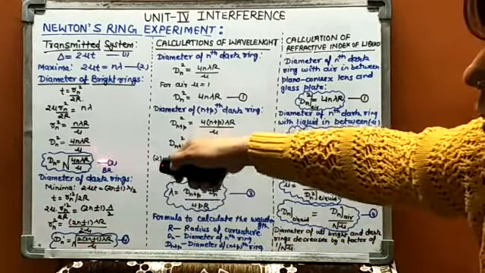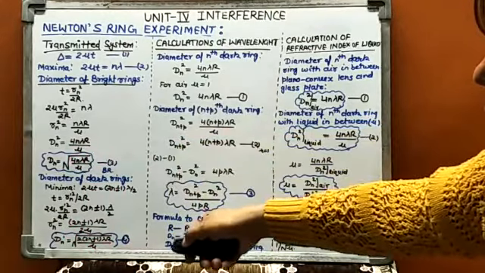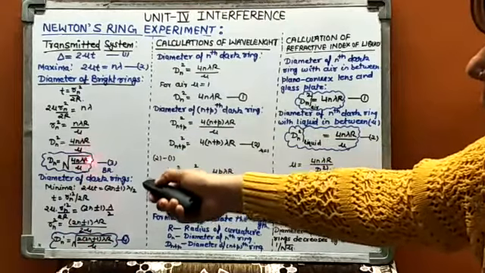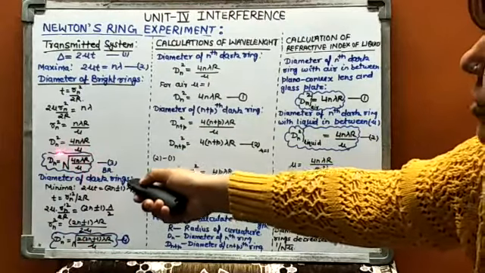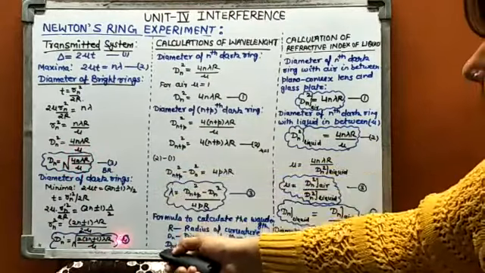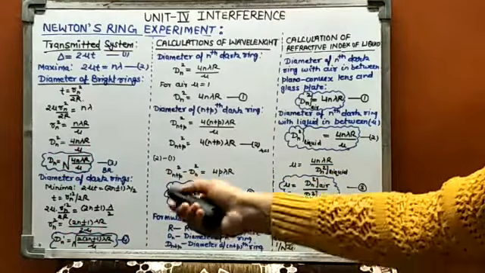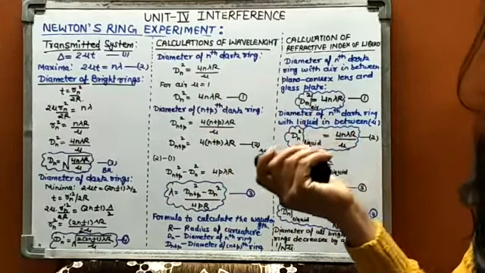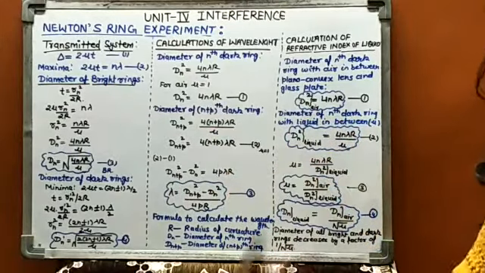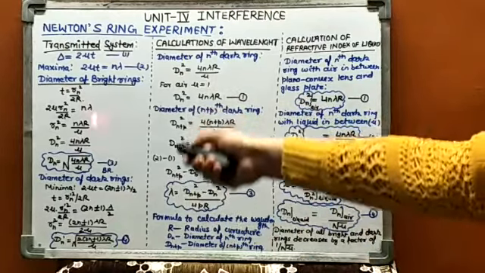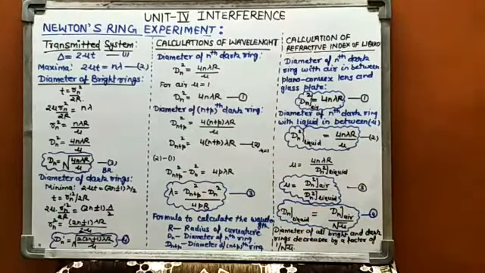If you closely observe equations 3 and 4, this expression was the diameter of the dark ring in the reflected system, and this was the condition of the bright ring in the reflected system. It means the interference patterns in the reflected and transmitted systems are complementary to each other. So this is all about the transmitted system.